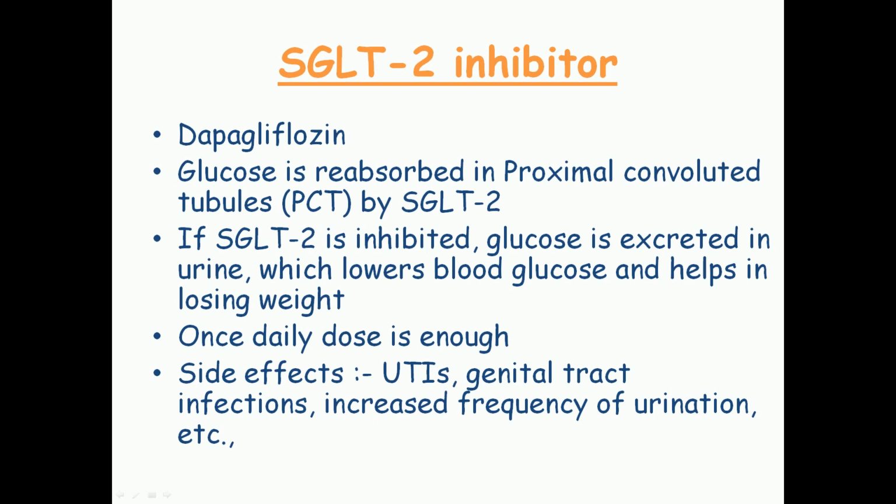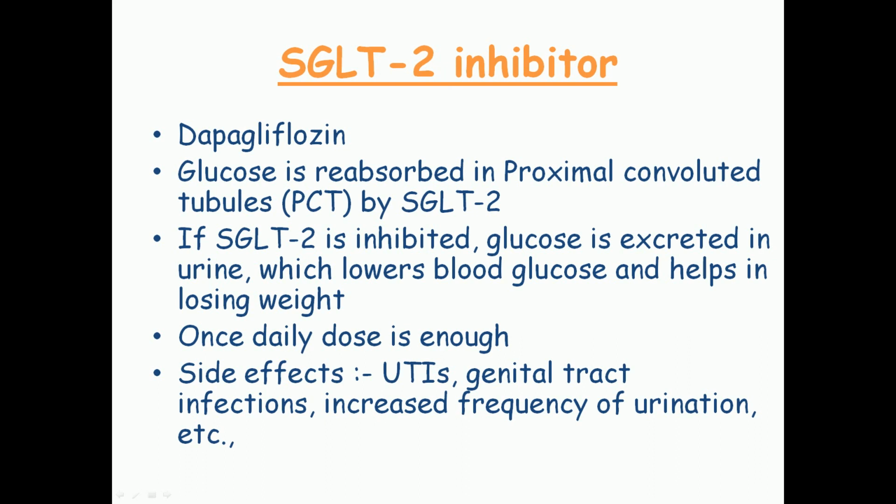Now we'll see about sodium glucose cotransporter 2 inhibitor, or SGLT2 inhibitor. The drug in this group is dapagliflozin. Normally the glucose which is filtered is reabsorbed in the proximal convoluted tubules by a transporter known as SGLT2, which is sodium glucose cotransporter 2.